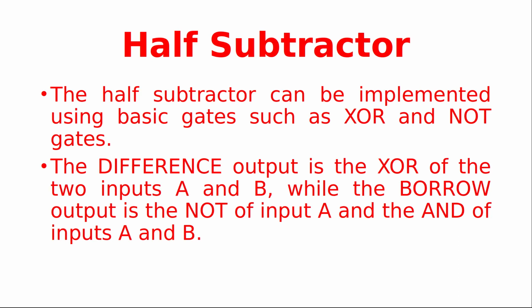So there are two gates combined to form a half subtractor. One is an XOR gate, which gives the difference. The borrow comes from the AND gate with a NOT gate.